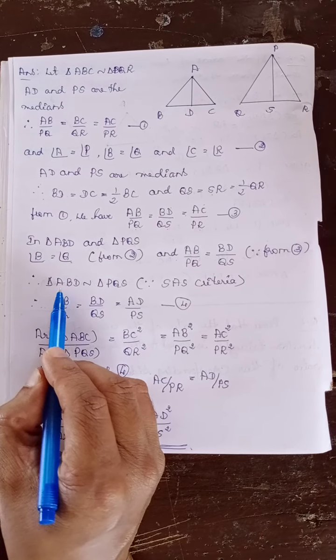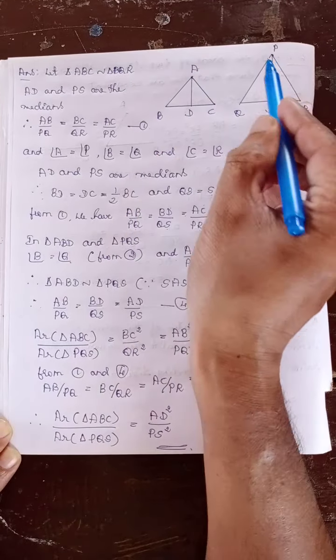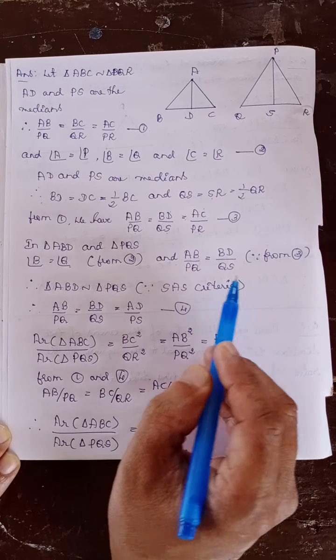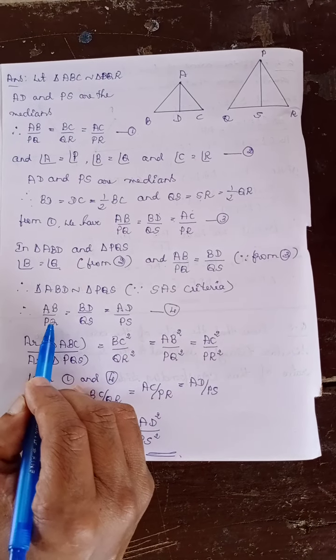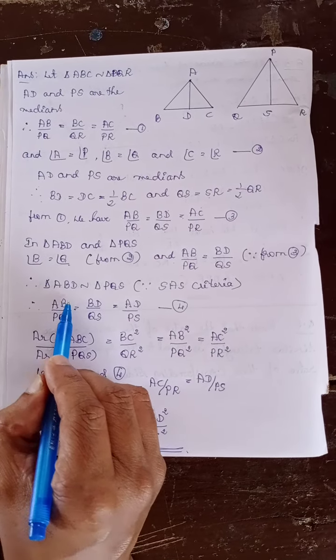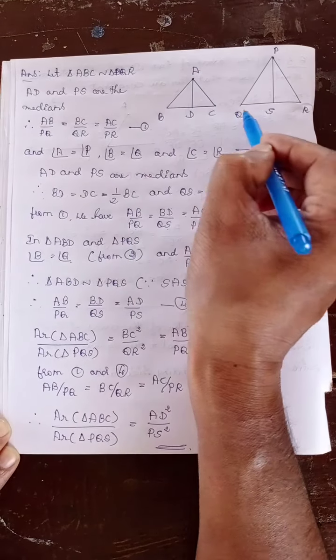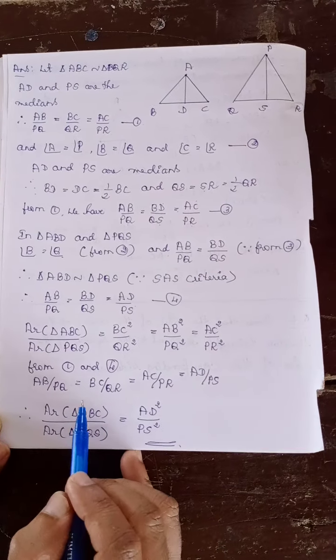Therefore triangle ABD and triangle PQS are similar, according to the SAS criteria. Since the triangles are similar, once again the corresponding sides are proportional. Therefore AB by PQ is equal to BD by QS is equal to AD by PS. Take it as equation 4.